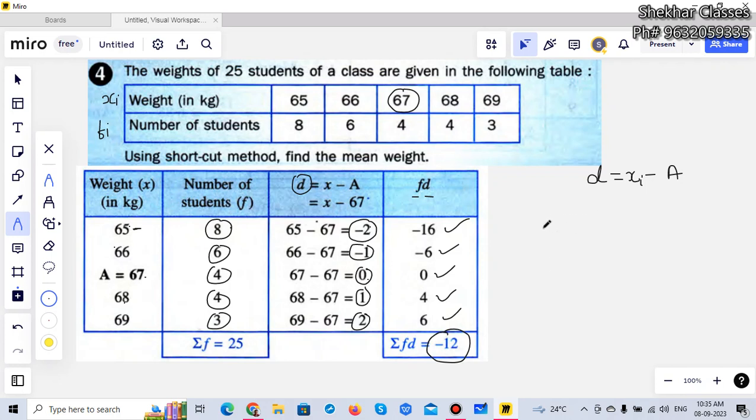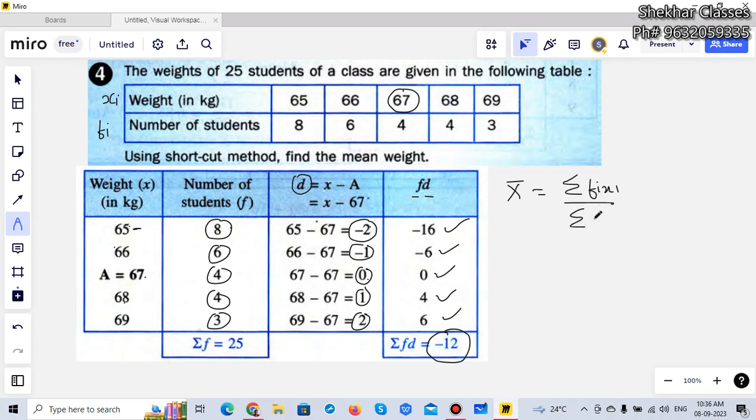So the formula for this shortcut method is this one. Generally the formula for mean is sigma of fi xi upon sigma of fi. But in this case there is a slight difference. Since we don't have xi here, we have fi and di.